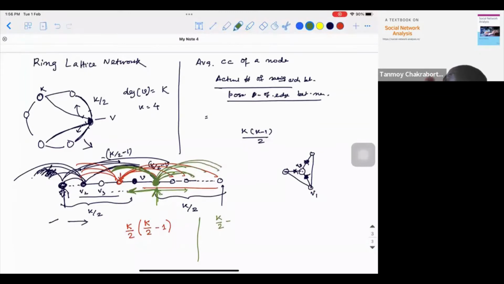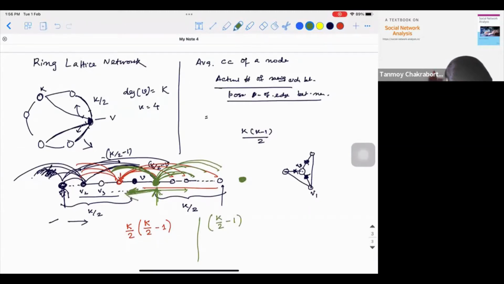But we ignore one because the farthest rightmost neighbor is not a part of V's neighborhood, right? So k by 2 minus 1, because we are not considering any edge in the left side.